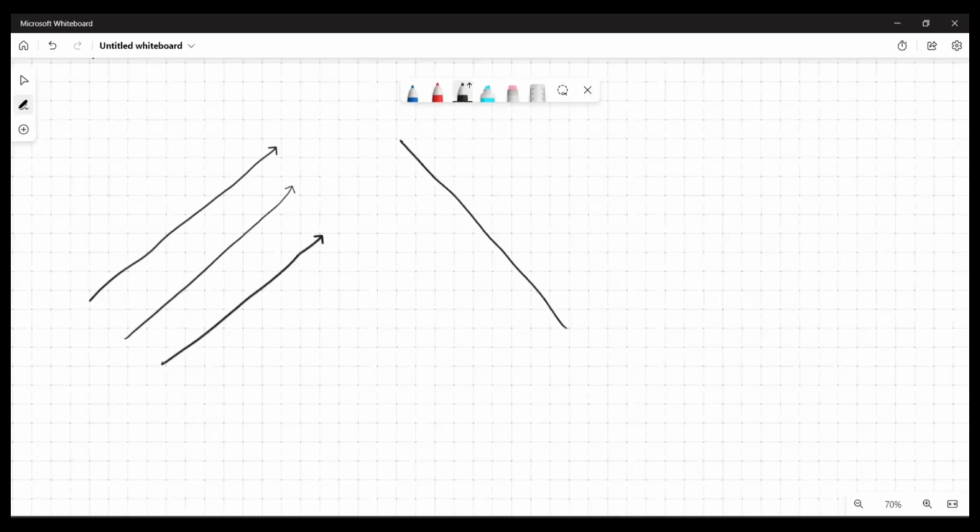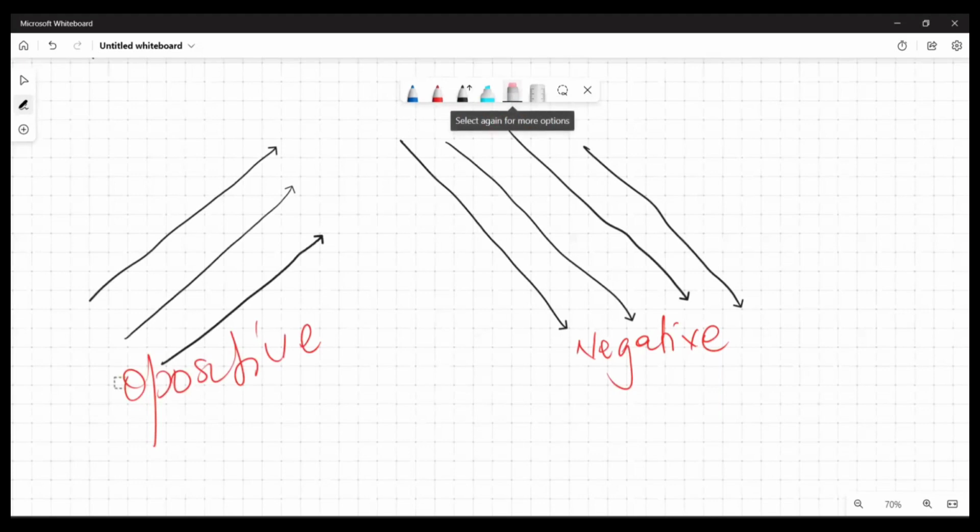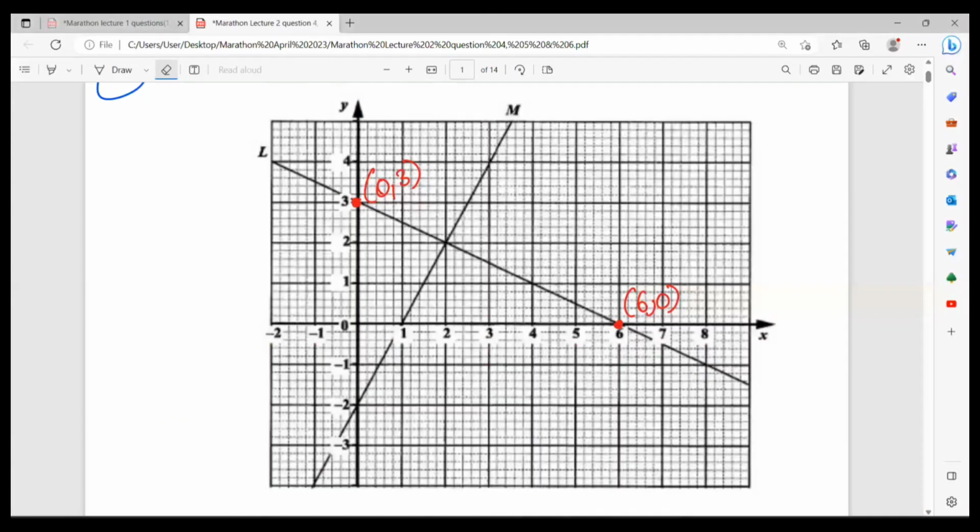But if you see a line that's set like this, remember that the gradient is always negative. So these are negative gradients. It's like you're going down a hill from left to right. And this one is like you're going up a hill from left to right. So you want to note that. So in this question, you could see that one is positive and one is negative, right?